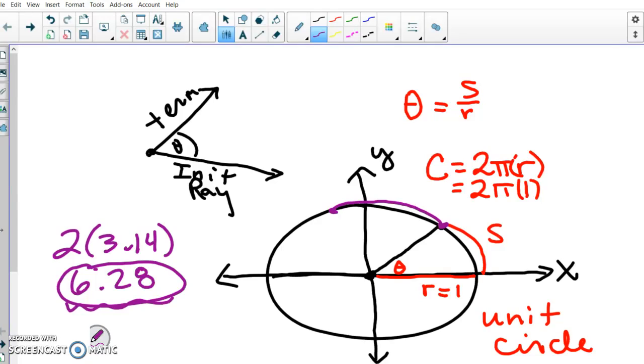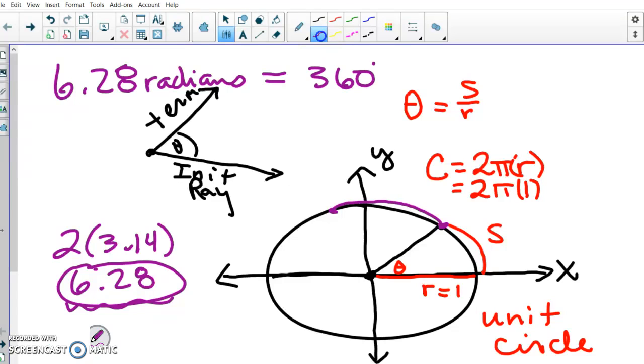There are 6.28 radians in a complete circle. So if we think about that, 6.28 radians, this is radian measure, is equal to 360 degrees in degree measure.